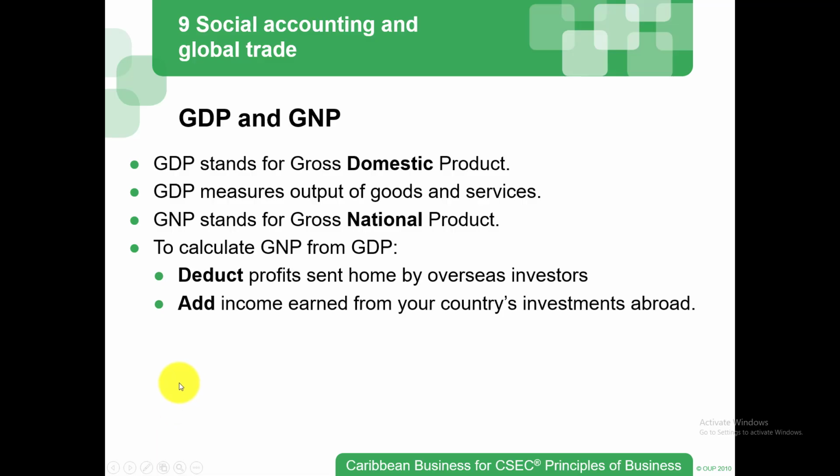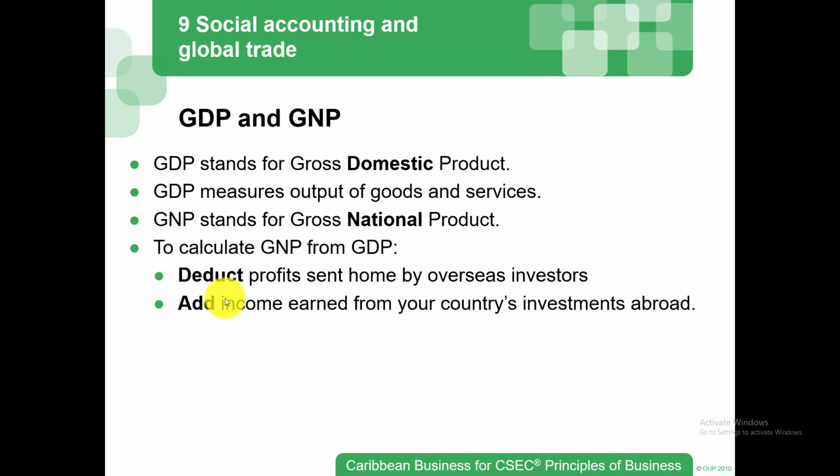So that's why they say to calculate GNP from GDP, what you do, you deduct the profit sent home by overseas investors. So let's say somebody lives in Jamaica and they operate a business in Jamaica, but that person is not Jamaican, they are American. So the factors of production are owned by an American. Now, the profits from that production unit would be deducted from Jamaica's GDP.